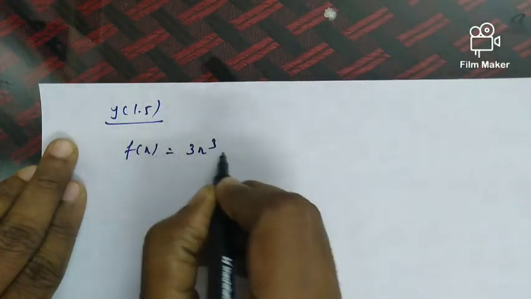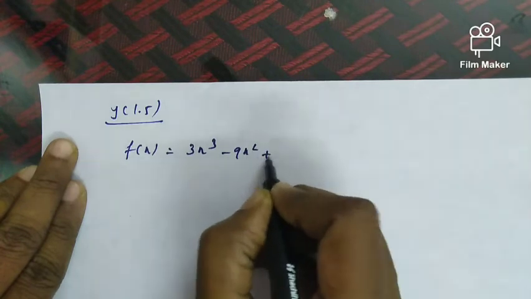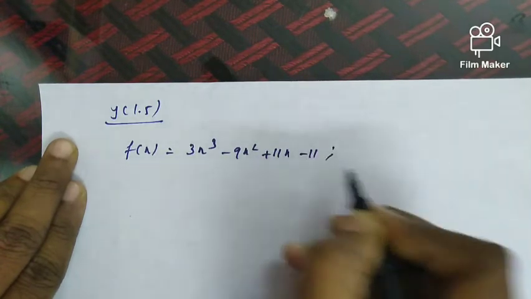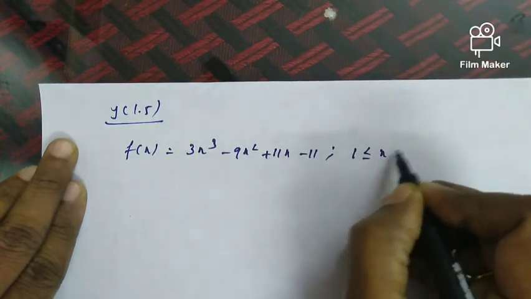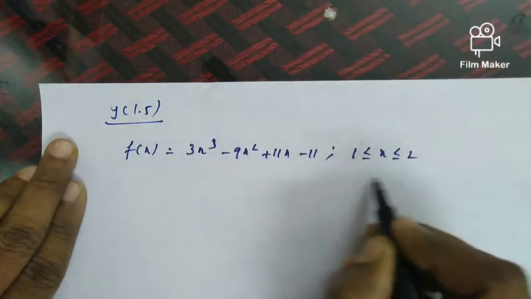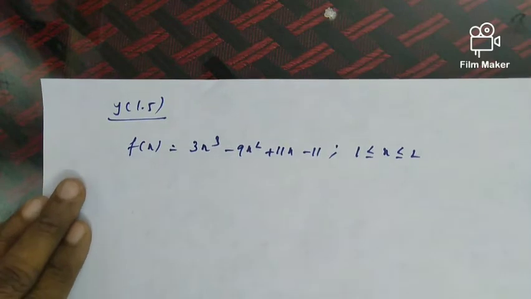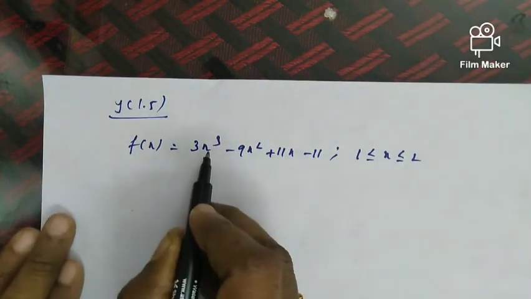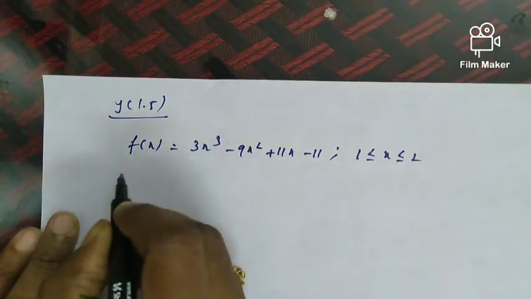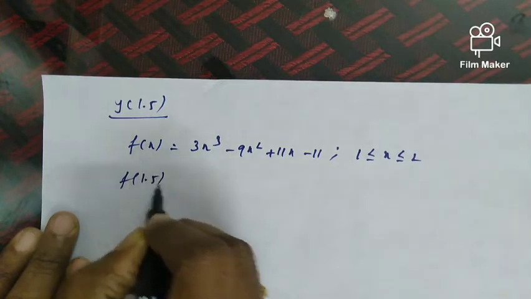F of x is equal to 3x cube minus 9x square plus 11x minus 11, such that 1 less than or equal to x less than or equal to 2. Because of the interval only we are taking this spline equation. In this we are going to substitute x is equal to 1.5.